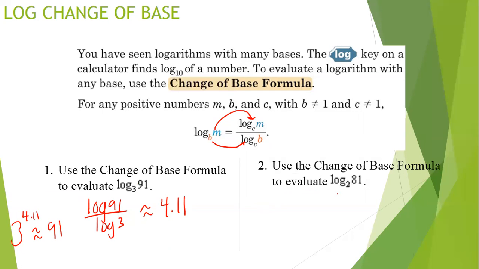So here we have evaluate log base 2 of 81. So you're asking yourself, 2 to what power is roughly 81, right? So to calculate that, I'm looking for log of 81 divided by log of 2. So I'm going to grab a standard calculator.